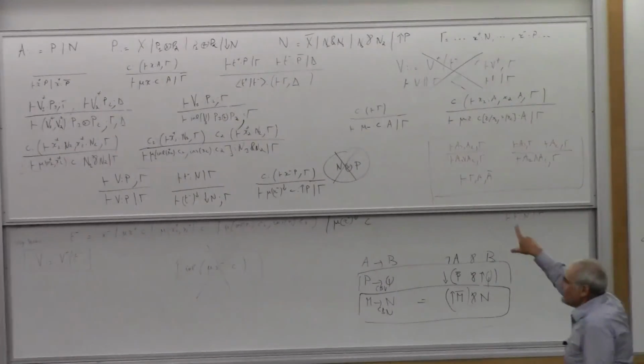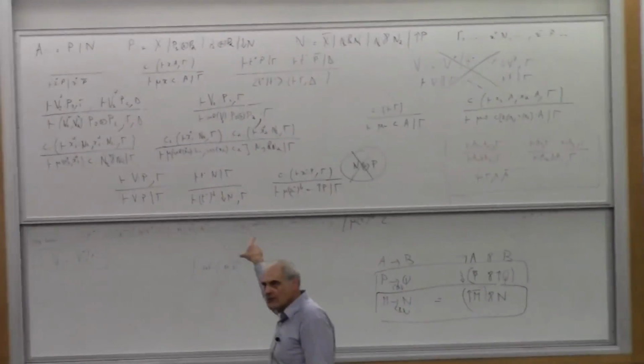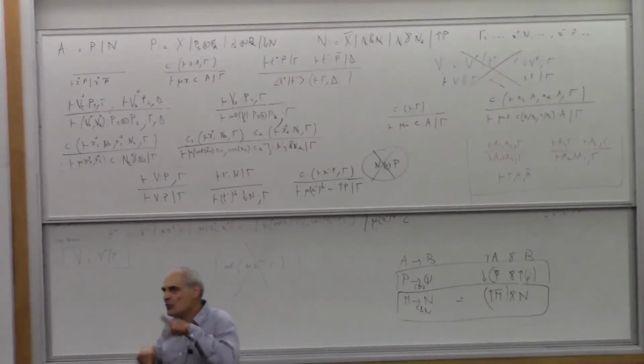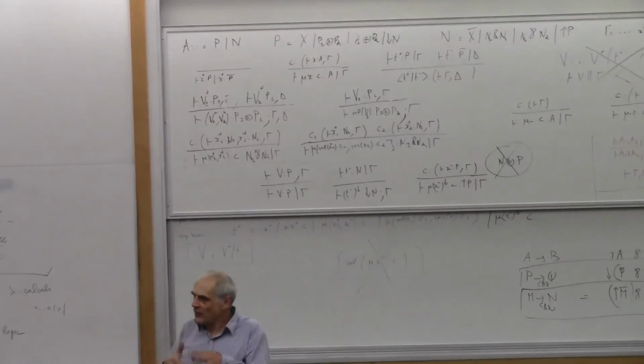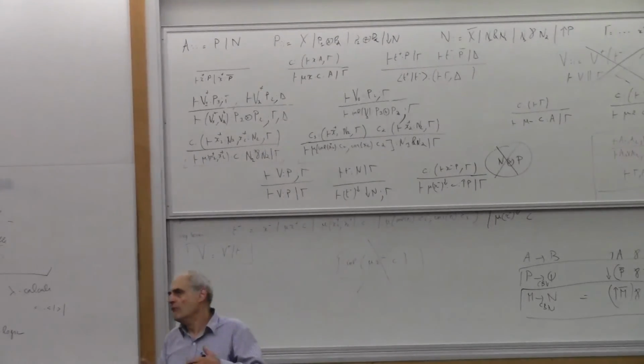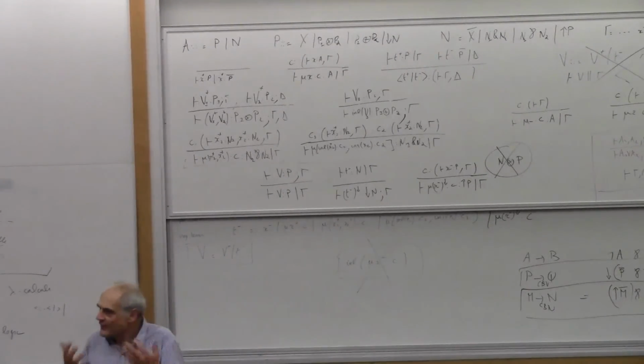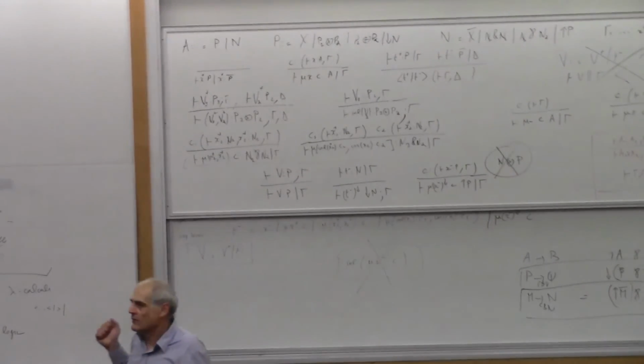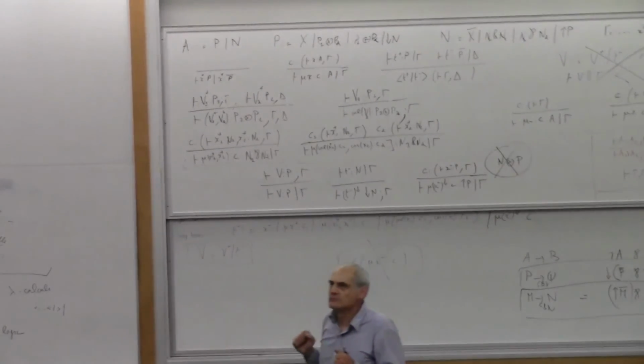Anyway, in the case of Levy's call by push value, this monad is not constrained anymore to be the continuation monad. That's why he can account for many effects, because then this is a monad, not necessarily the continuation monad.